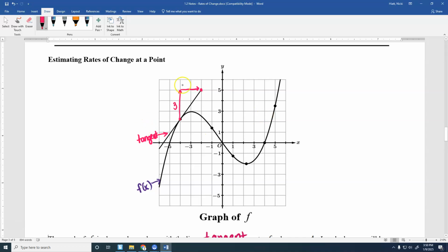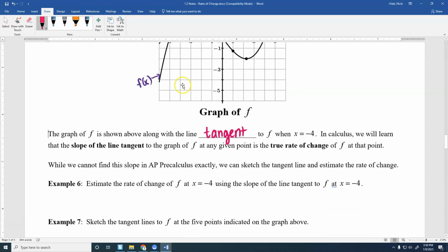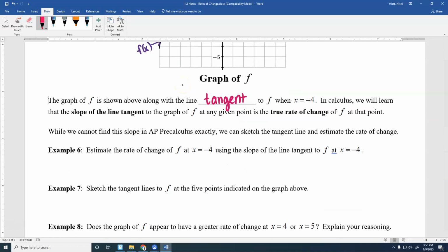So what I would probably say for this is that it is a little less than 3/2. 3/2 is 1.5. So I might even say something like 1.4 could be a good guess here.